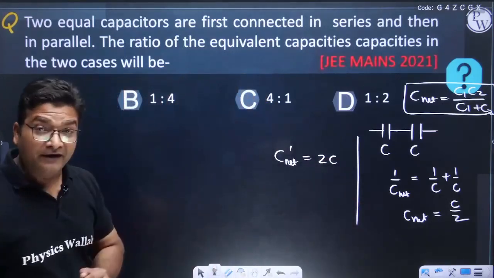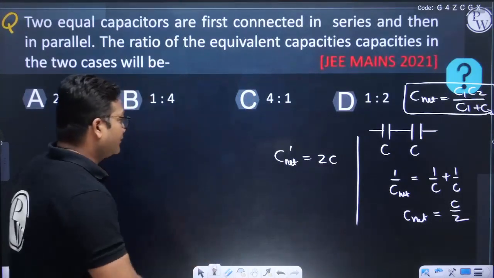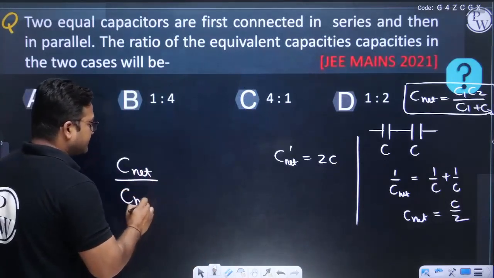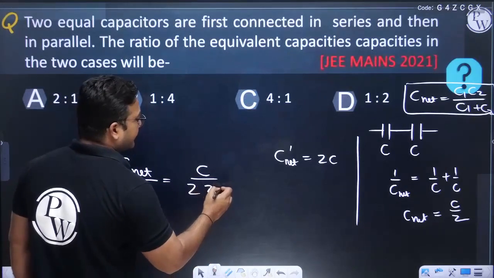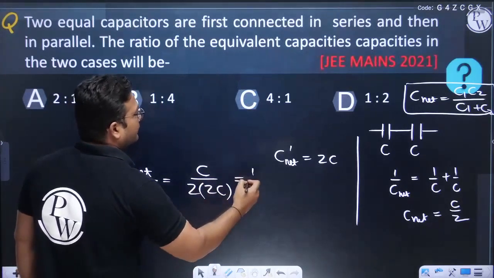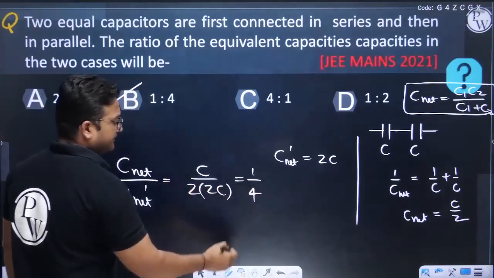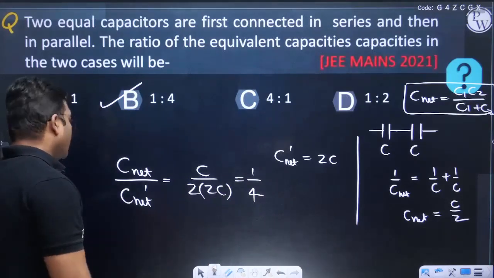And we have to find the ratio of these two equivalent capacitances. So obviously C net divided by C net dash is equal to C by 2 divided by 2C. This is 1 by 4. So the correct answer is obviously B. Okay, over to the next question.